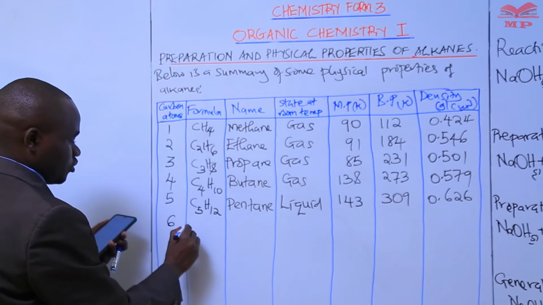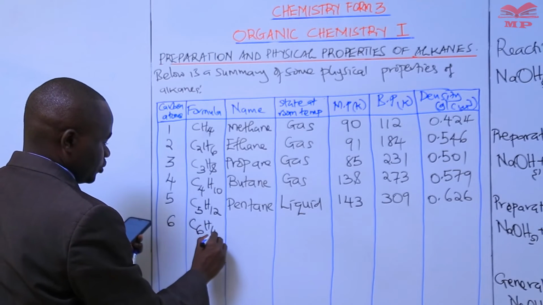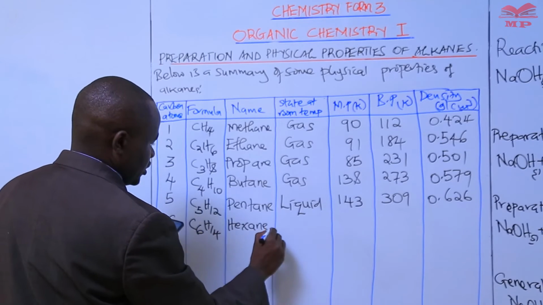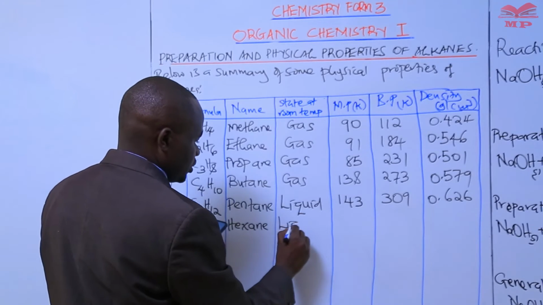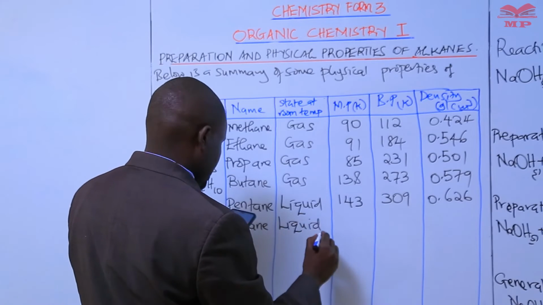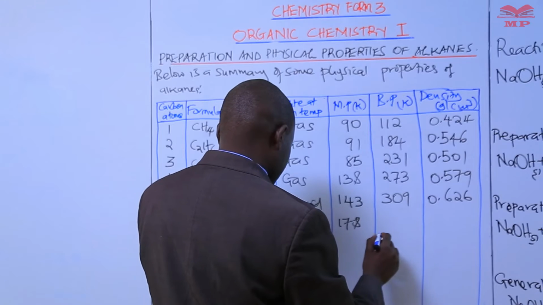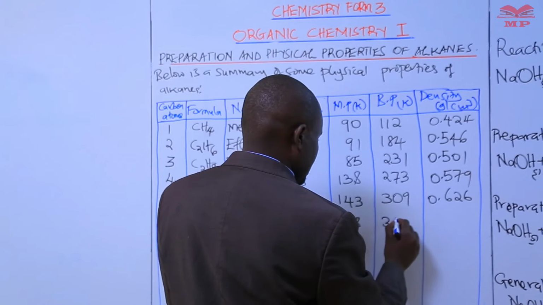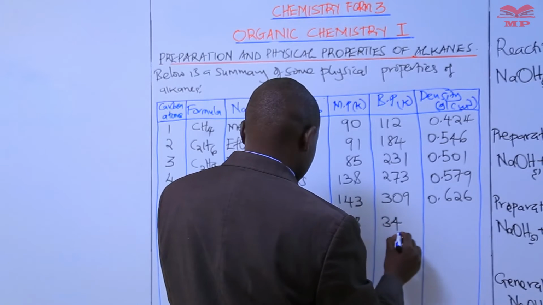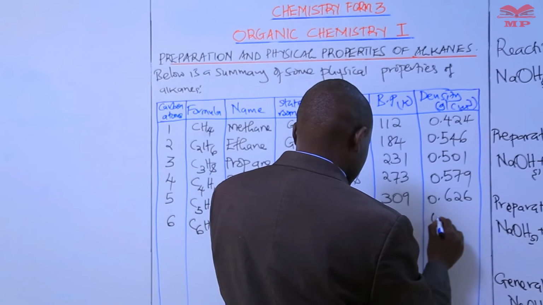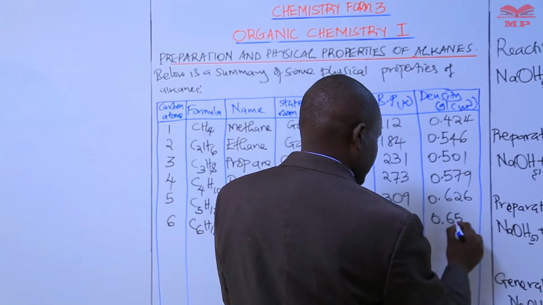6 carbon atoms, formula C6H14, name is hexane, state at room temperature, liquid, melting point 178, boiling point 342, density 0.657.